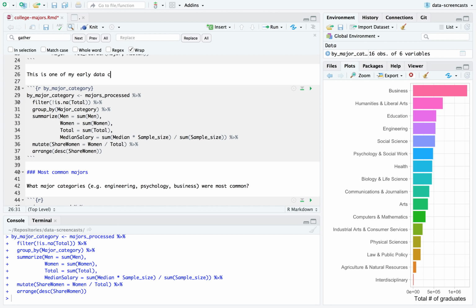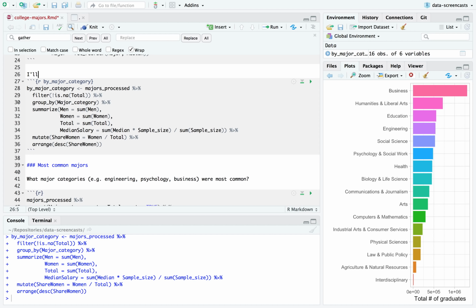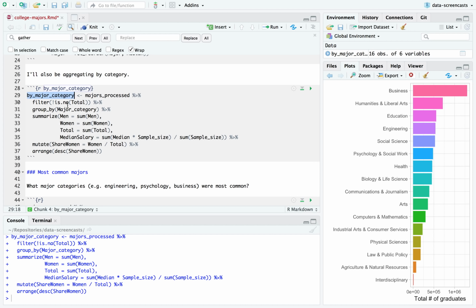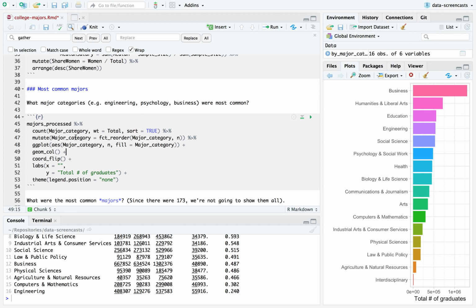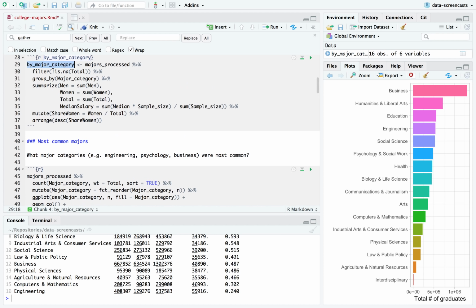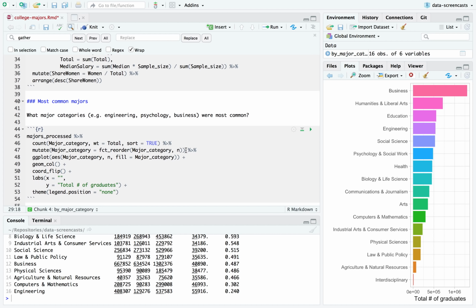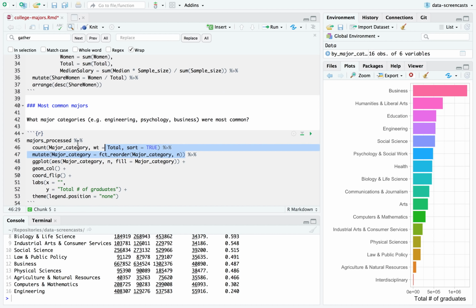I would actually mention that. I'd say I'll also be aggregating by category. I probably would say something like that in the resulting blog post if I was showing the code as I go. So then here, instead of actually counting, I'm going to do it by total.